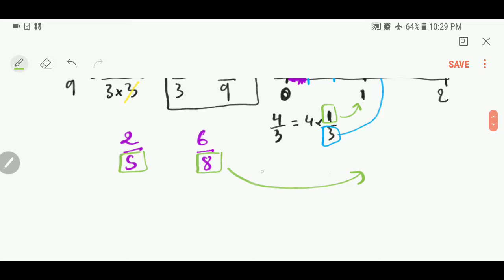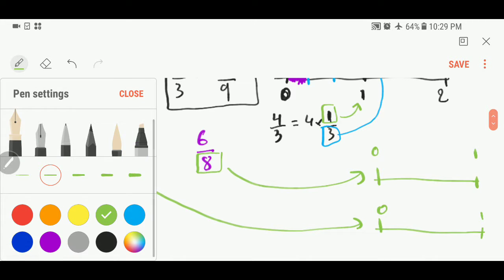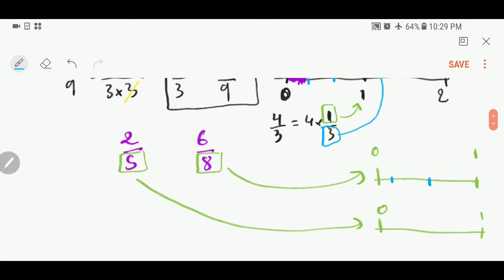For example, for this 8, you're going to cut the line segment from 0 to 1 into 8 pieces. For this one, you're going to cut from 0 to 1 into 5 pieces. This is 8 pieces, so maybe this is 4. So this is like 8 pieces.